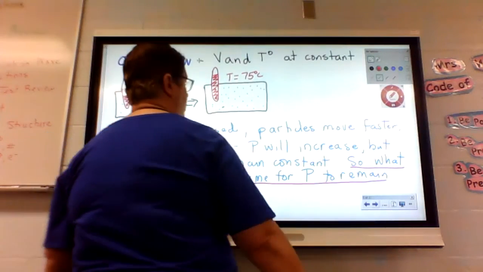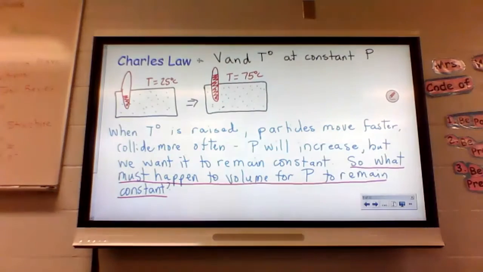Most people are okay with what we came to the conclusion of, that if the temperature goes up, the particles are going to move faster and collide more often, hitting the container walls more often. Are we okay with that piece? So we said pressure was not going to increase in Charles' law.